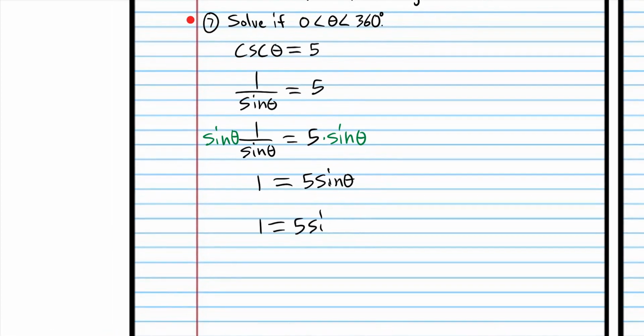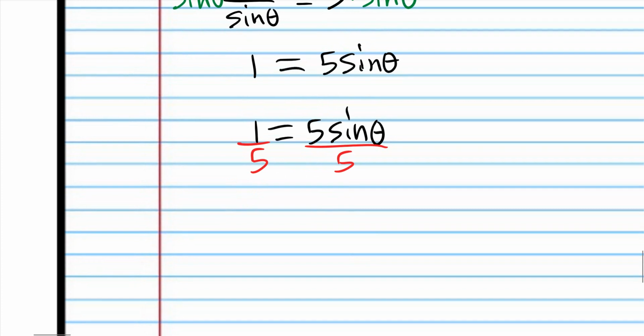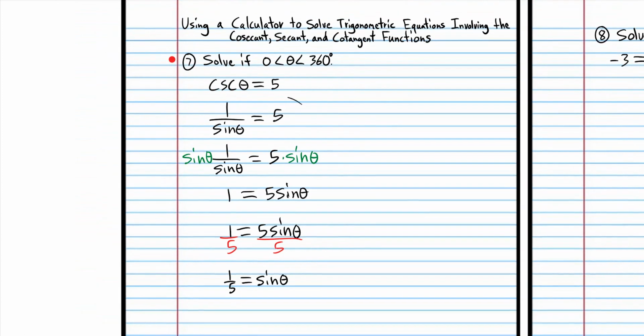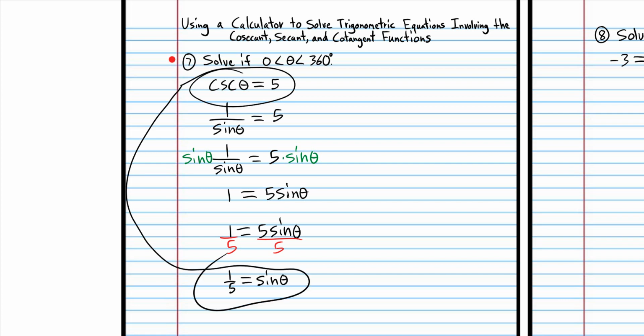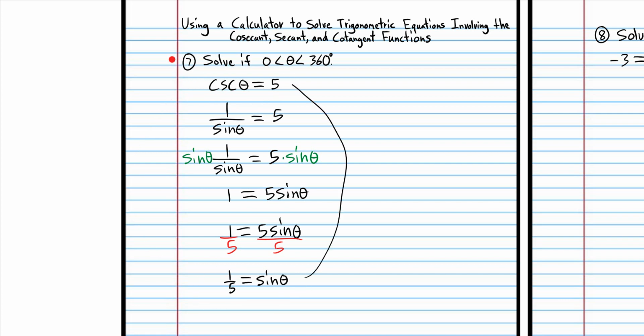I'm then going to divide both sides of the equation by 5, and we get 1 over 5 is equal to sine theta. So I did a lot of work there just to show that sine theta is equal to 1/5 if cosecant theta is equal to 5.